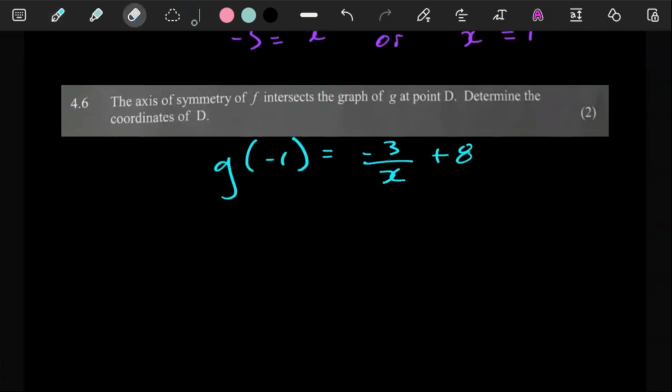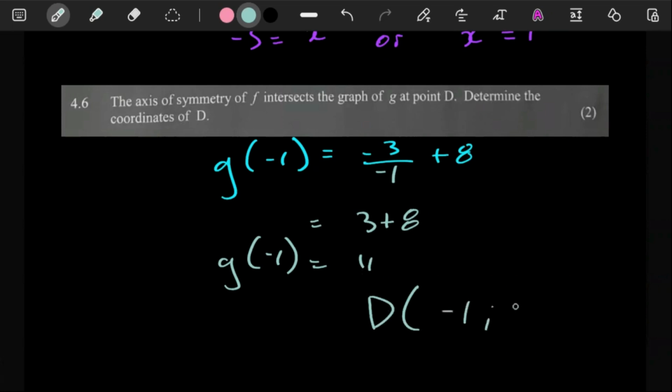But then we say the x value is -1, so we're going to throw -1 over there. -3 over -1, that's 3, plus 8, that's 11. The y value is 11. So it means the coordinate of D is (-1, 11). There we go. Nothing crazy, nothing major.